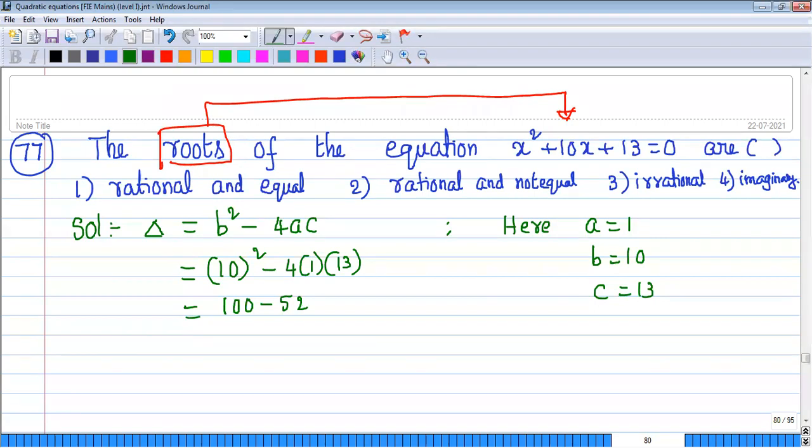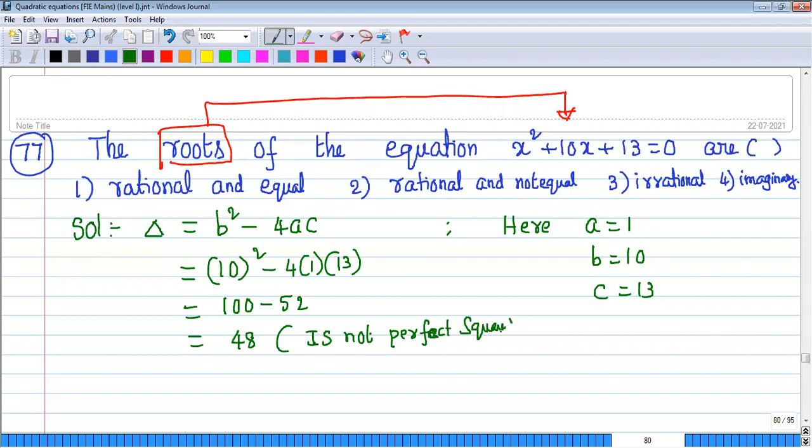How much will you be getting? 100 minus 52 means 48. So that means delta is equal to 48. 48 is not a perfect square.